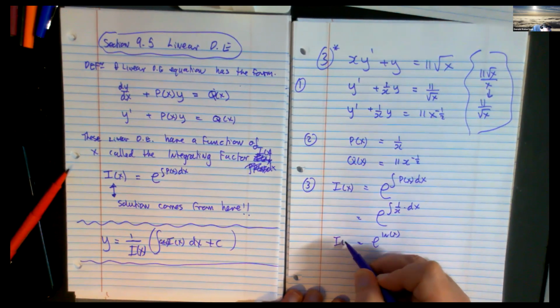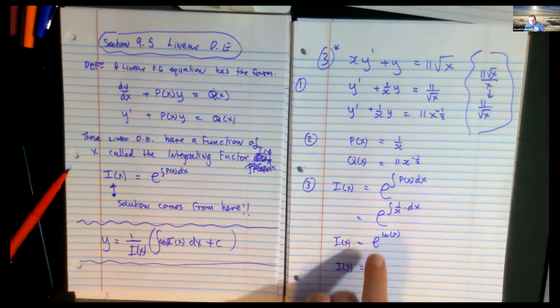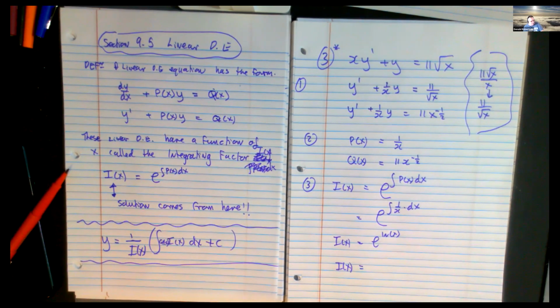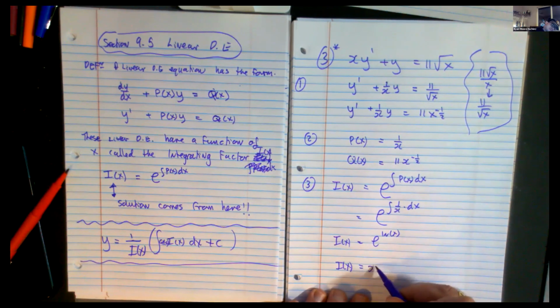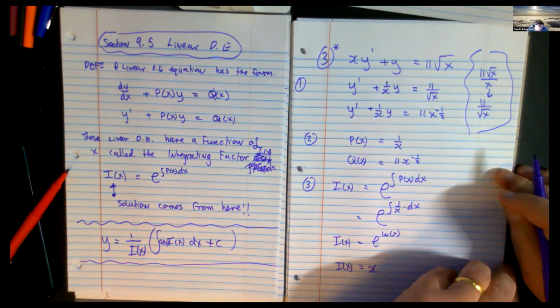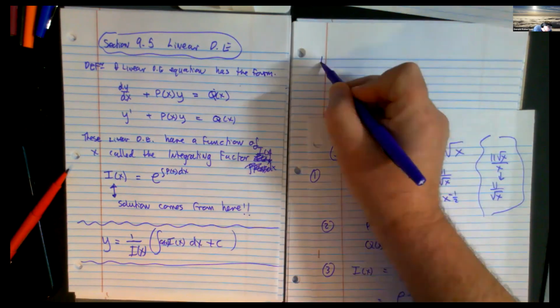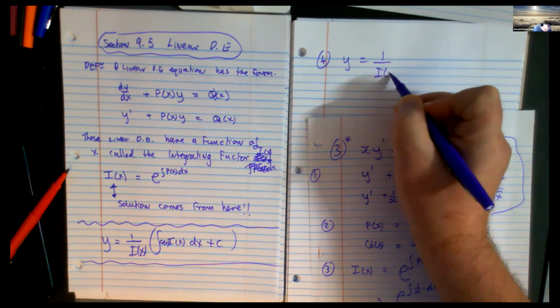But that is not the guy I'm going to write down, because I can simplify e to the power of natural log of x. It's actually a very simple thing, isn't it? e to the ln x is just x. So step 4 is coming up, and step 4 is find the solution using this quite messy looking formula.